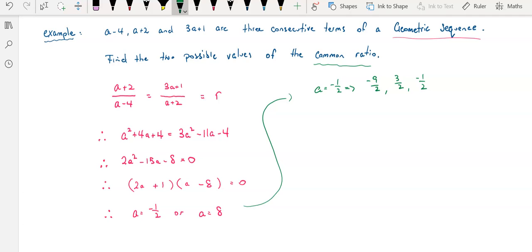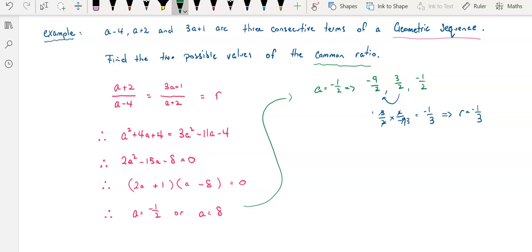So what's my value of r there? Well, I'll get it by taking 3 over 2 and dividing by negative 9 over 2. Rather than divide by negative 9 over 2, multiply by 2 over negative 9. Cancel, cancel, 1 there, 3 there. That looks like negative 1/3 to me. So my value of r when a is negative 1/2 is negative 1/3, and you can check with the next pair of fractions.